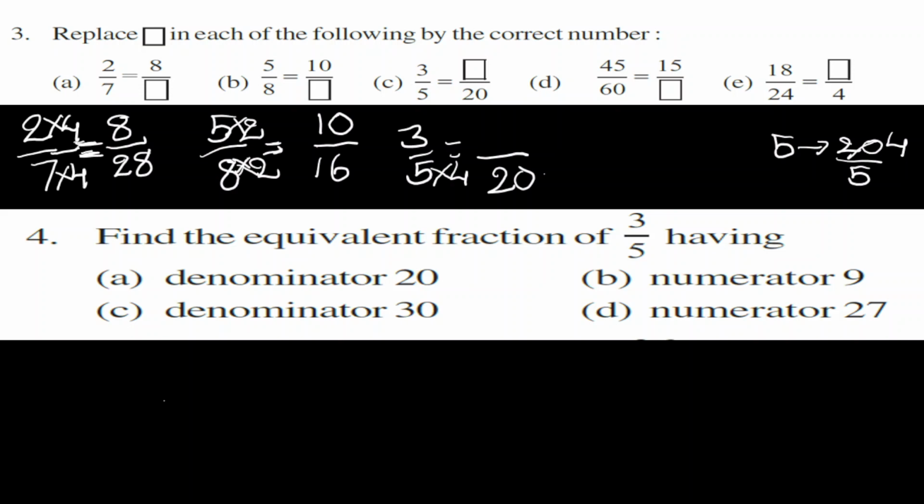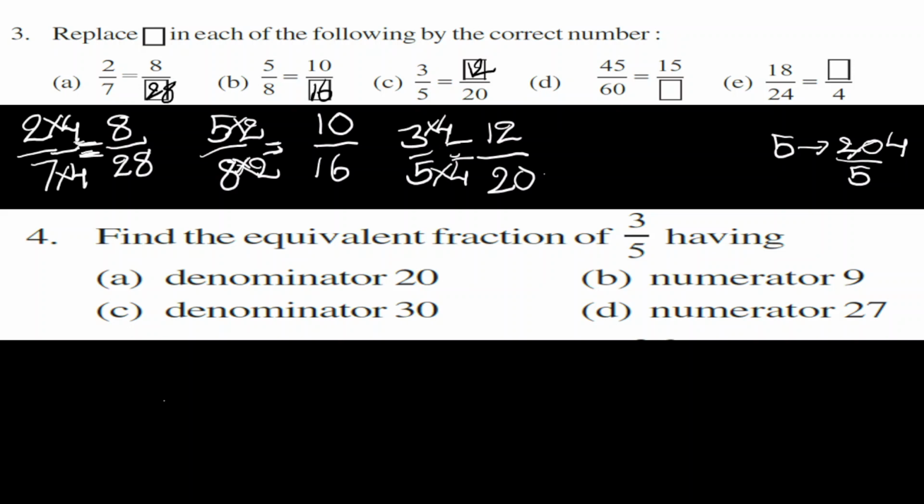So 5 4s are 20 and we need to multiply both numerator and denominator with the same number to obtain the equivalent fraction. Now the fraction becomes 12 by 20. Here we need to write 12. And here we need to write 16. And here we need to write 28.